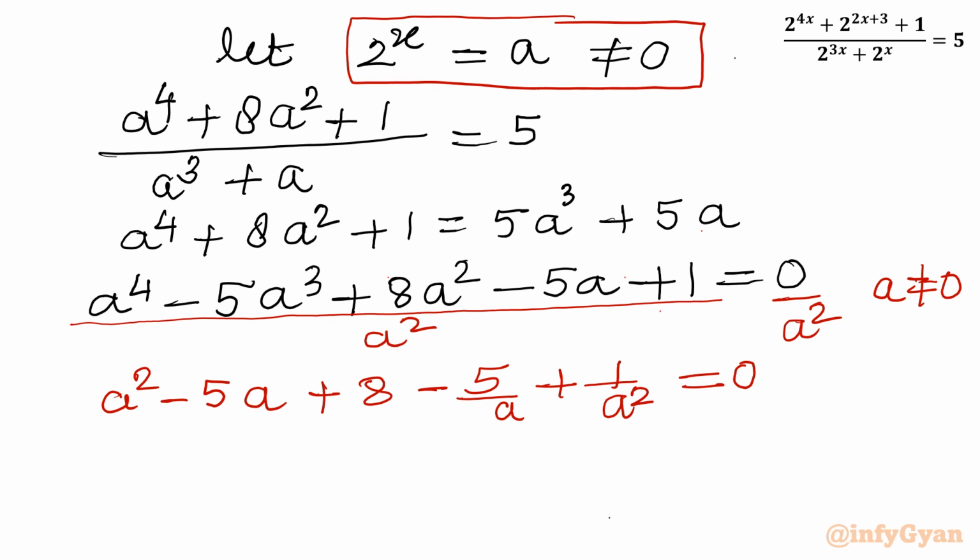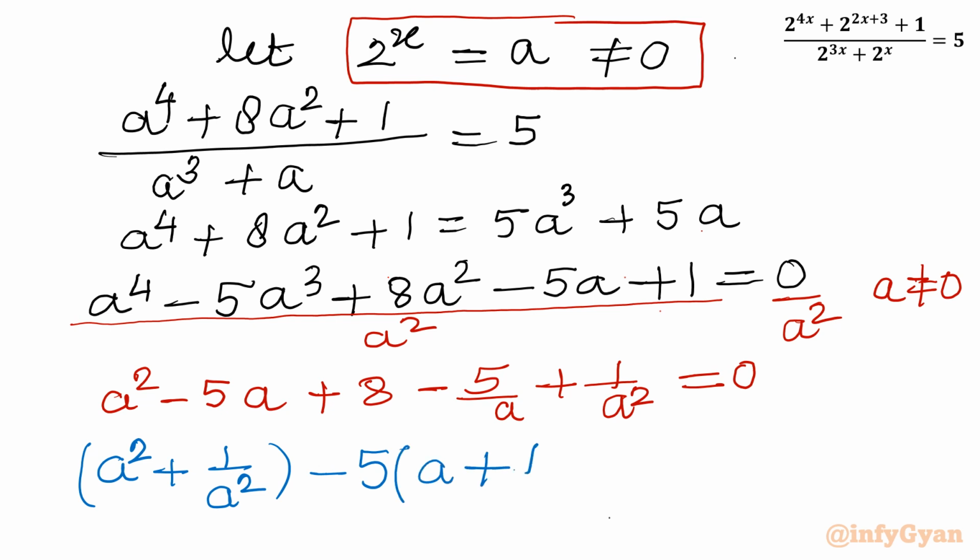Now I will club the first and last terms and the second and second-last terms. So I can write a^2 + 1/a^2 in one bracket. Then I will take minus 5 common from the second and second-last terms, so it will be in the bracket a + 1/a. And then we have 8 only, equal to 0.